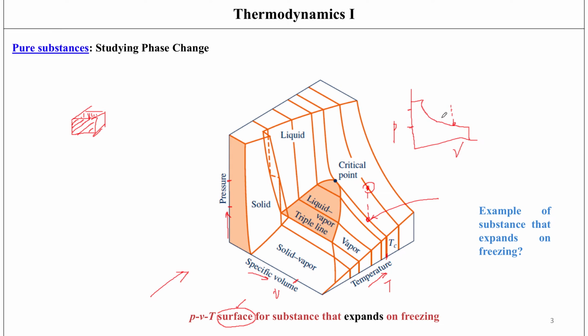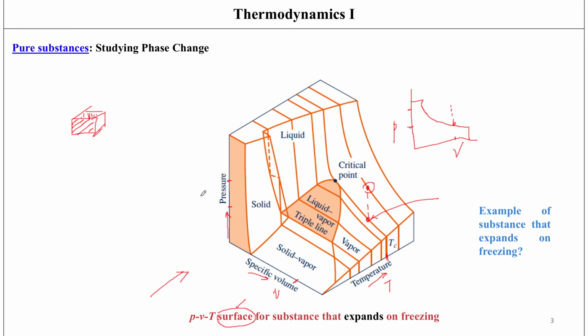It's away from the surface, okay? This point doesn't exist. Why does that not exist? Because water will not exist in an equilibrium condition at these conditions, at this specific volume, at this certain specific temperature. This pressure cannot exist.